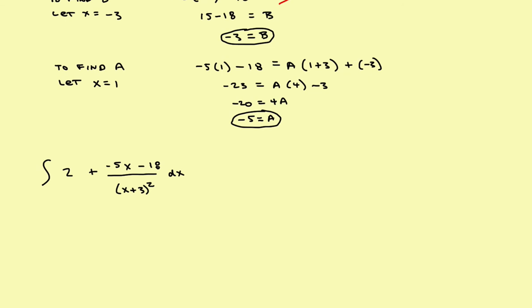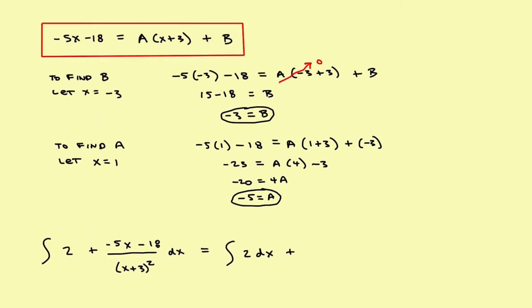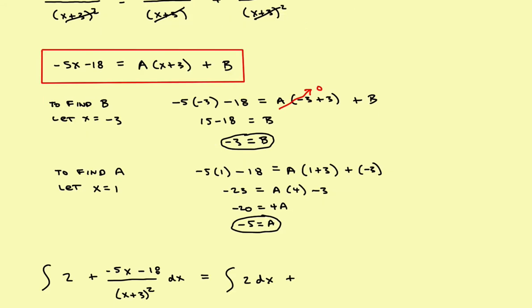We'll write it now in its expanded form, which would look like this. We'll split it up into 3 separate integrals. It'll be the integral of 2 dx, plus, and this one we'll put in this form right here: -5 over x plus 3, and then -3 over x plus 3 squared.